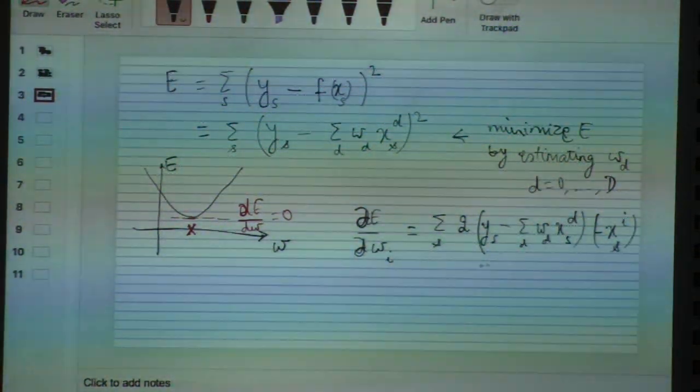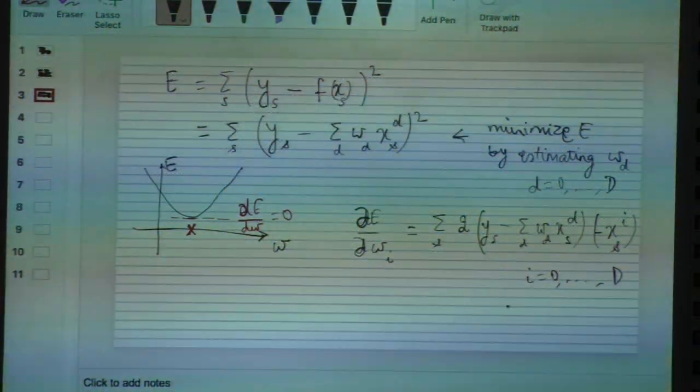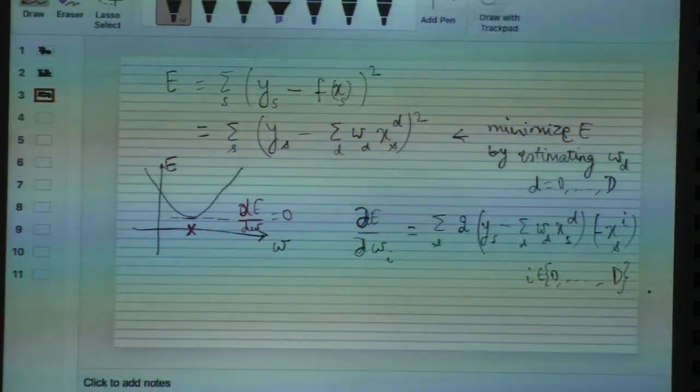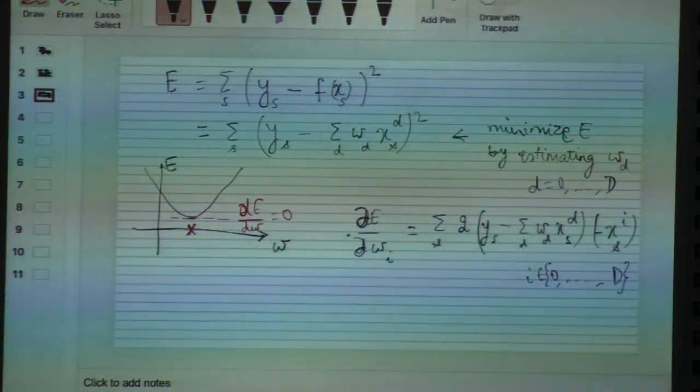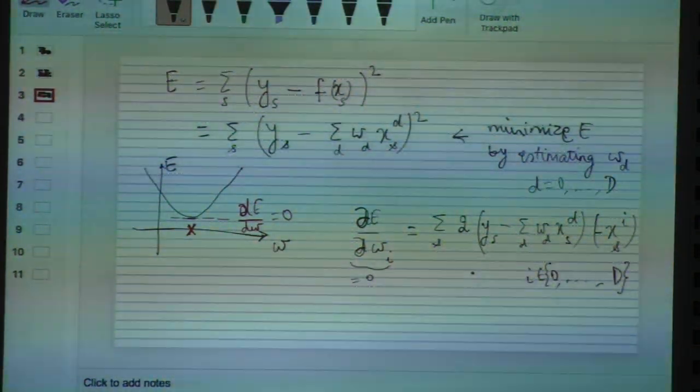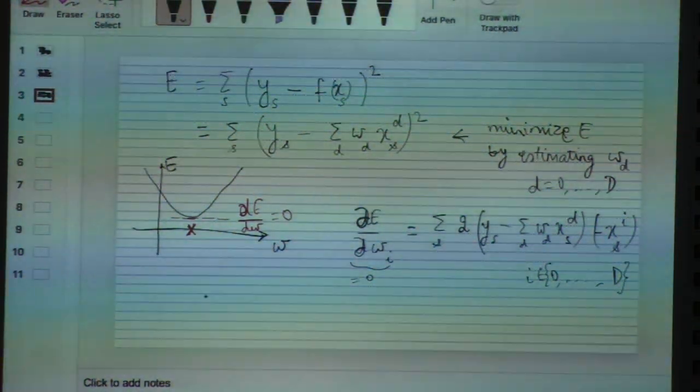Where i can be any of these values, between 0 to D. Now I have to equate it to 0, so this thing will be equal to 0. Right? Then what do I get? 2 goes away.